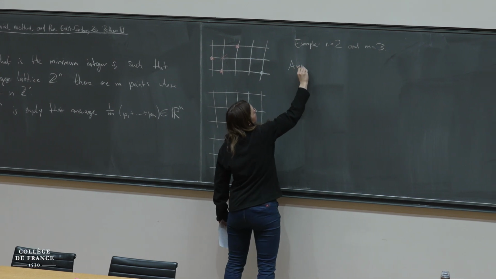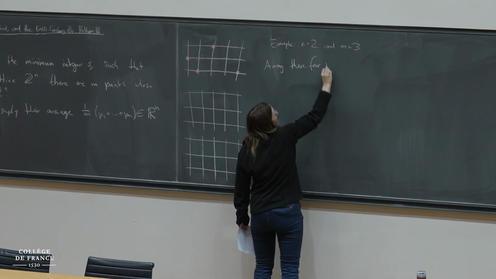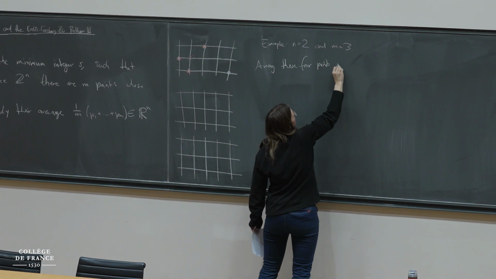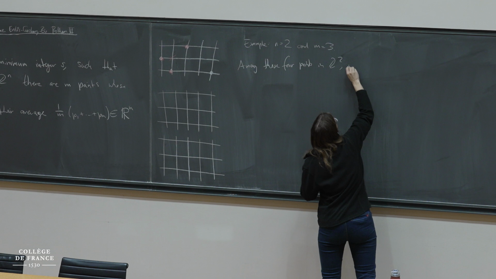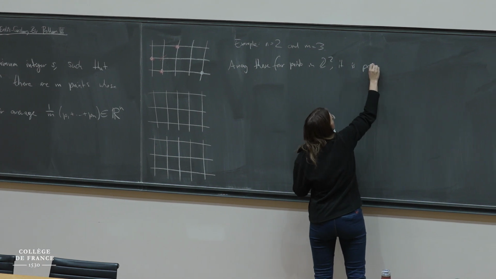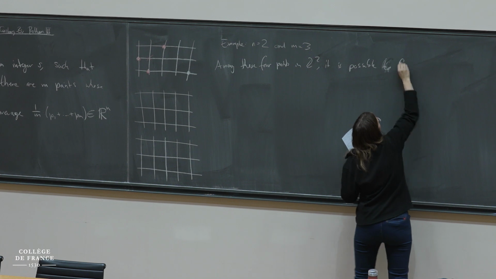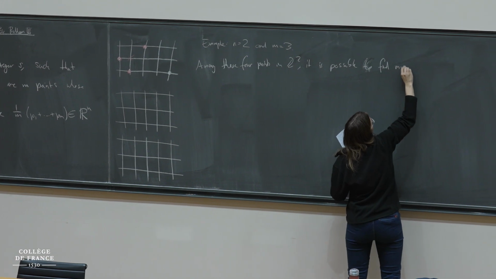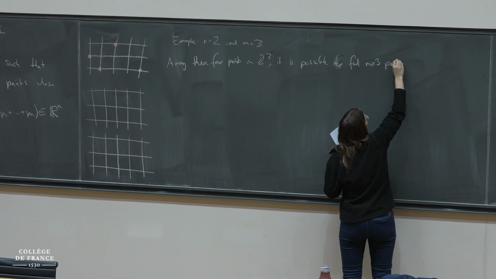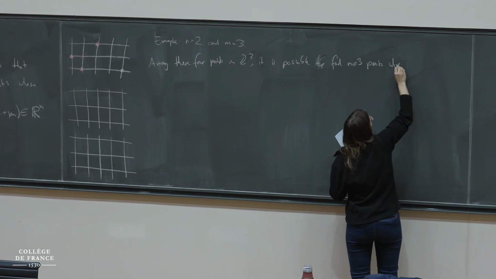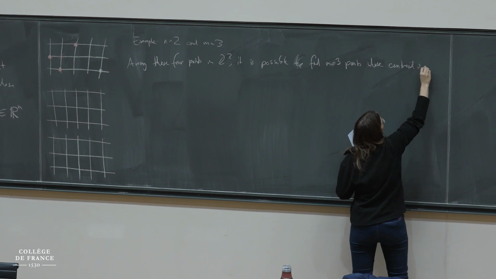So among these 4 points in Z squared, it is possible to find m equals 3 points whose centroid is also in Z squared.